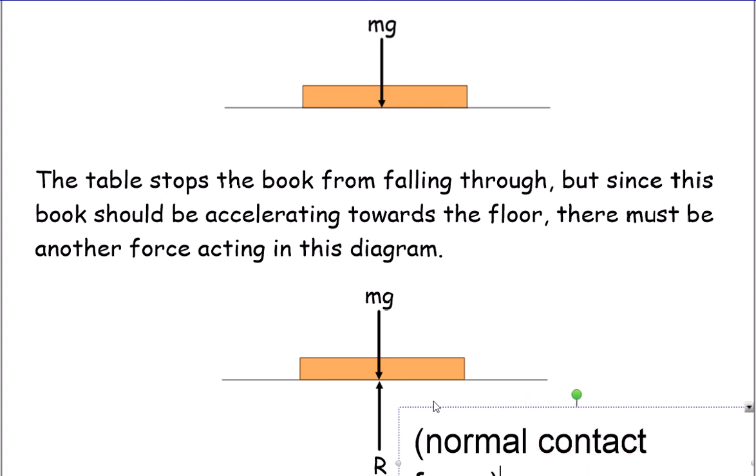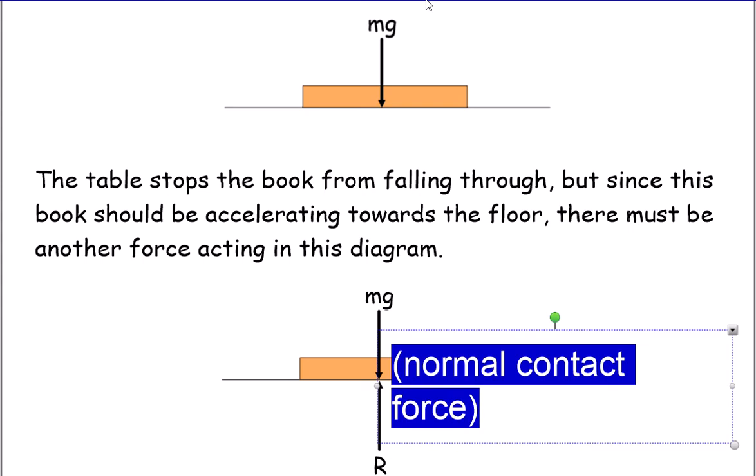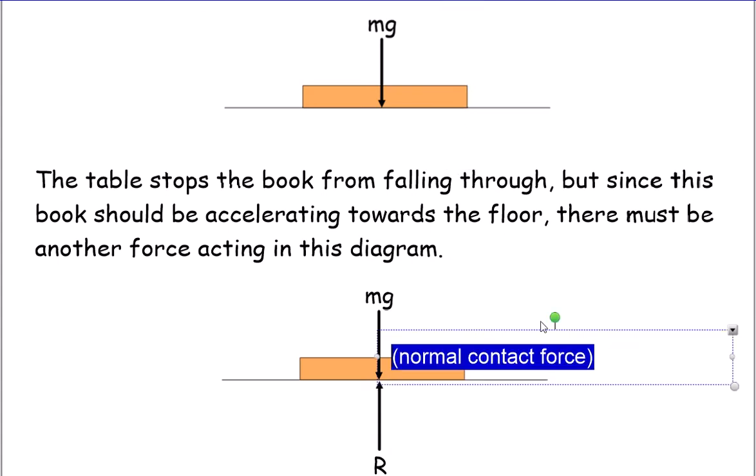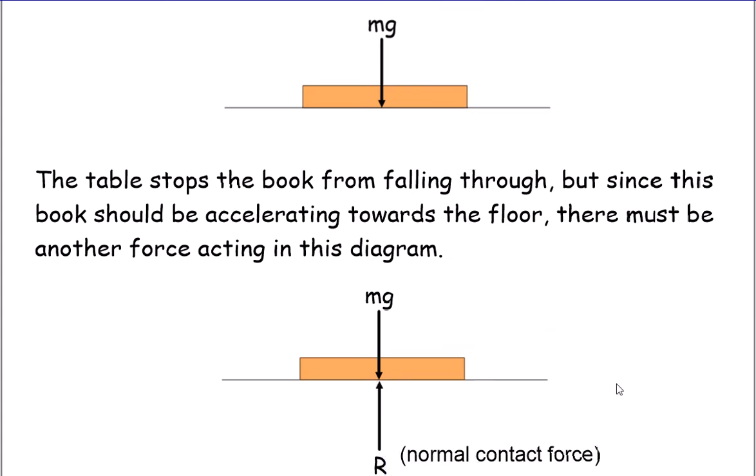Normal contact force. And the reason I say you're feeling it now is because if you're sitting down, then the chair is putting the normal contact force back into your bum, equal to your weight. If you're standing up, then the floor is giving a normal contact force into your feet.